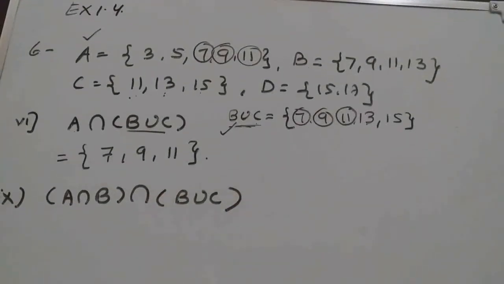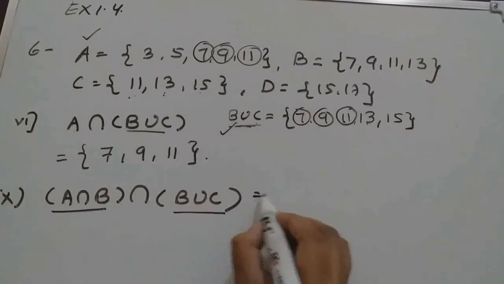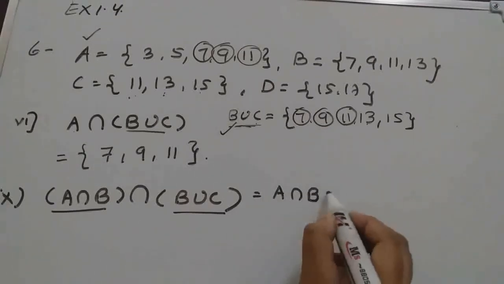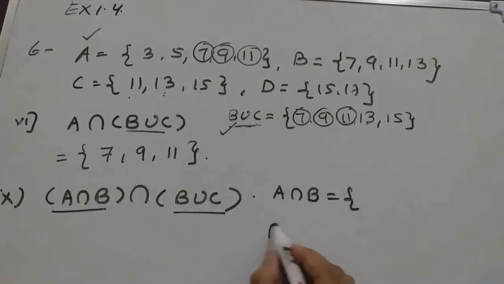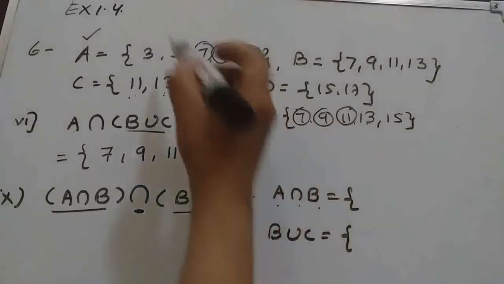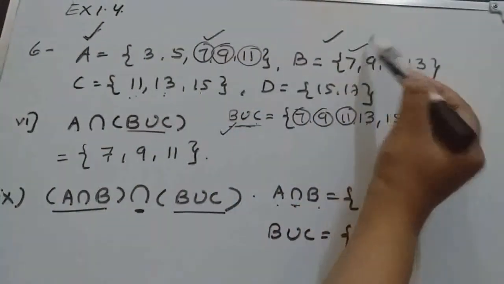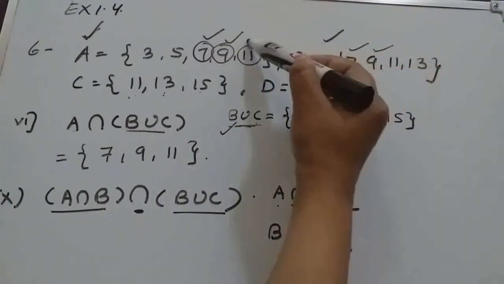Okay. Now for this one you can solve these 2 brackets separately. You can find A intersection B first, B union C, and then after that their intersection. So A intersection B means consider the first 2 sets, and intersection means you should write the common elements. So see, 7 is there in both sets, 9 is there, 11 is there.